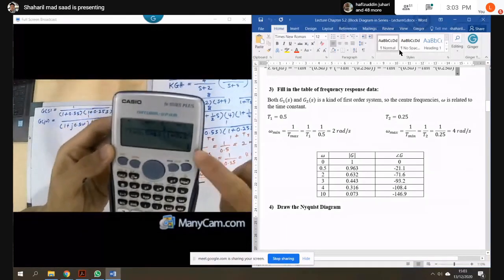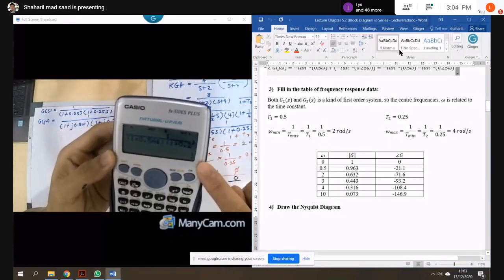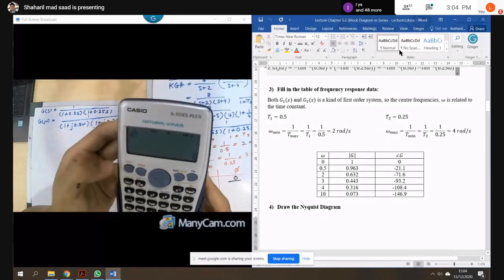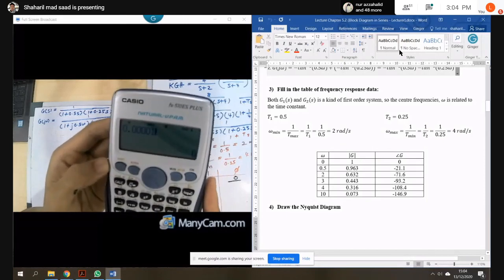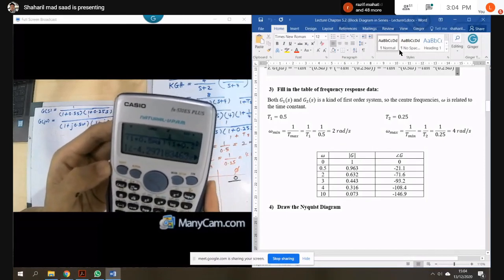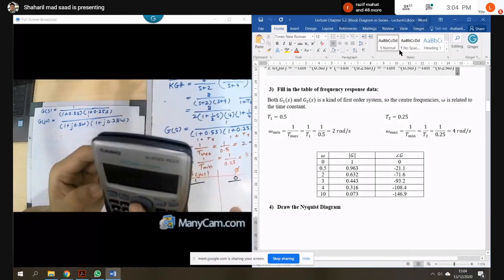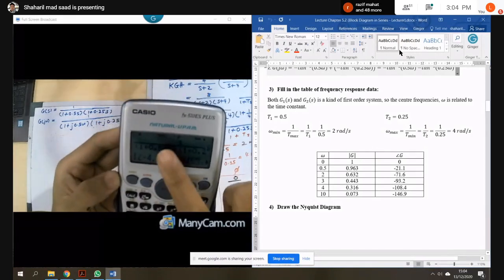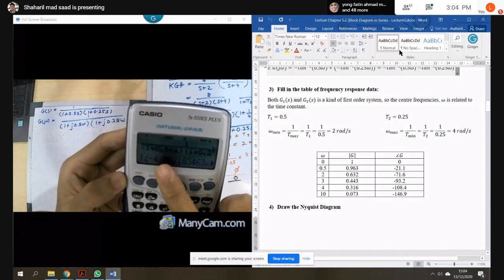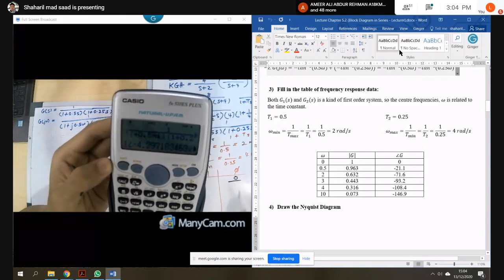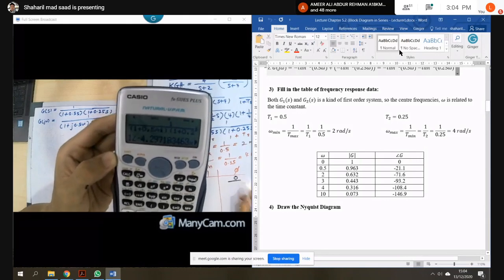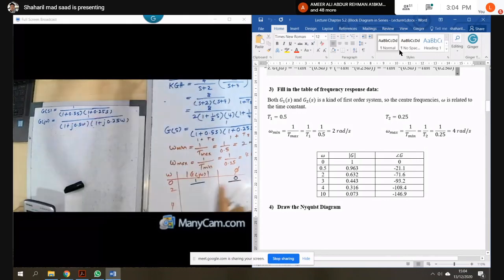Right now you don't see any angle, so maybe we can calculate with 0.0001, for example. When we press enter, you will see the magnitude is 1, and the angle is minus, that means 0. Okay, we can start with 0. So we can get the phase value.